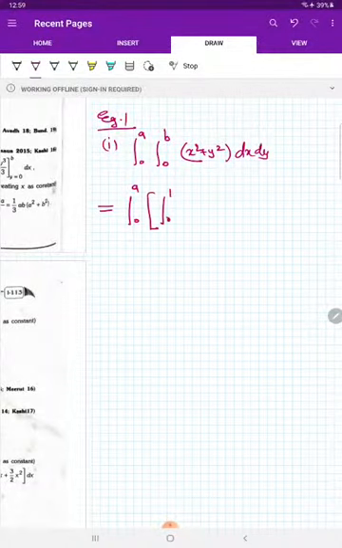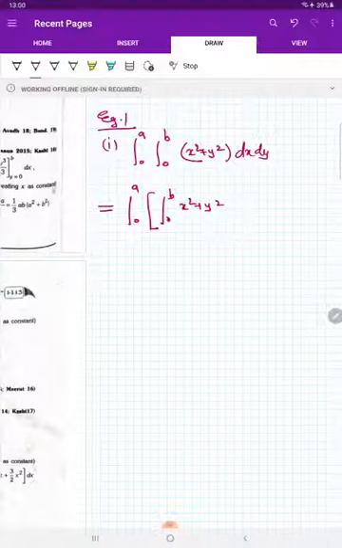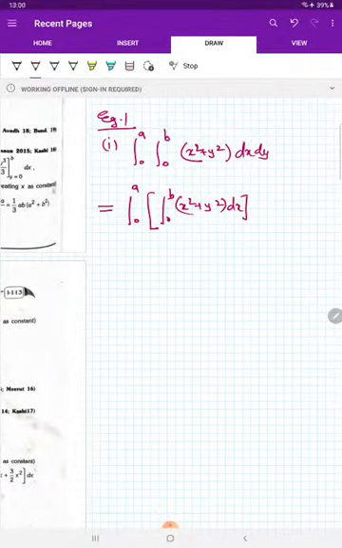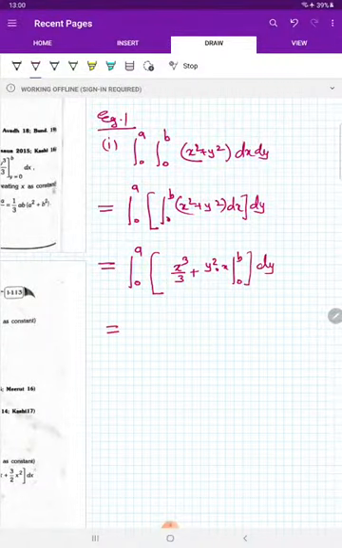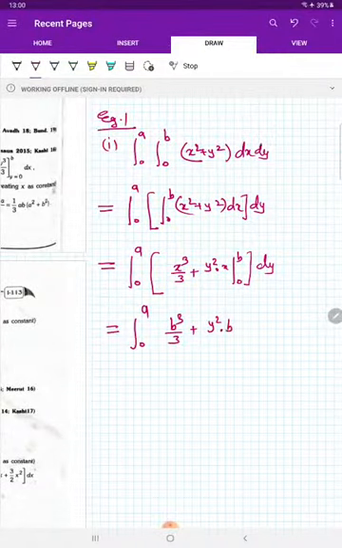Integrating with respect to x from 0 to a, we get x cube upon 3 plus y square times x, limits 0 to b, dy. On substituting the limits, we get b cube upon 3 plus y square b, dy.